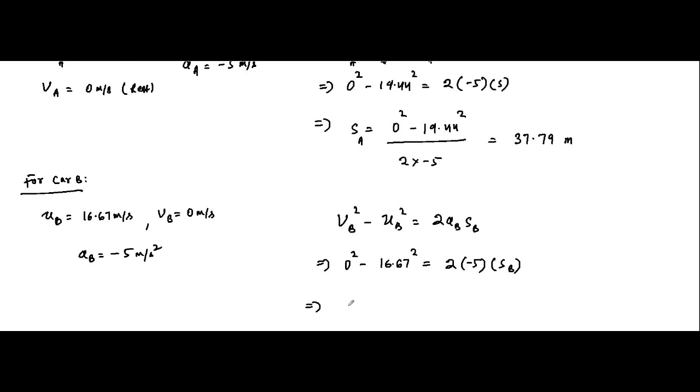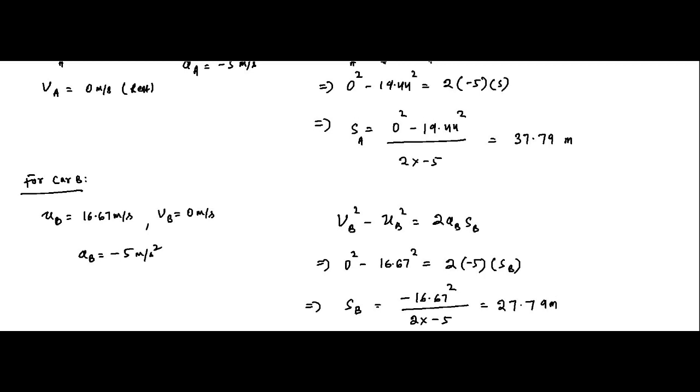So SB, the distance traveled by car B, is equal to minus 16.67 whole square by 2 into minus 5, which is coming around 27.79 meters.